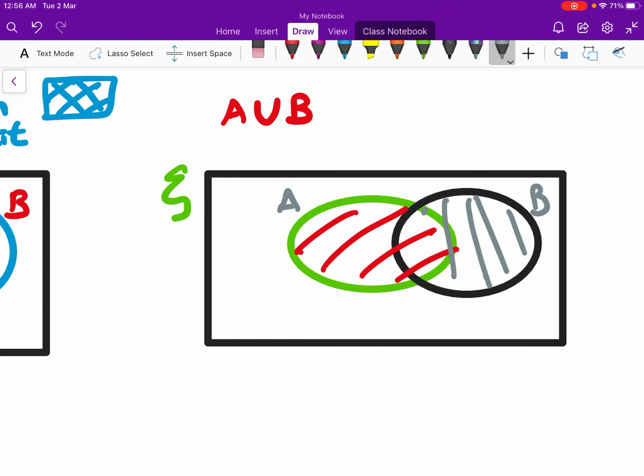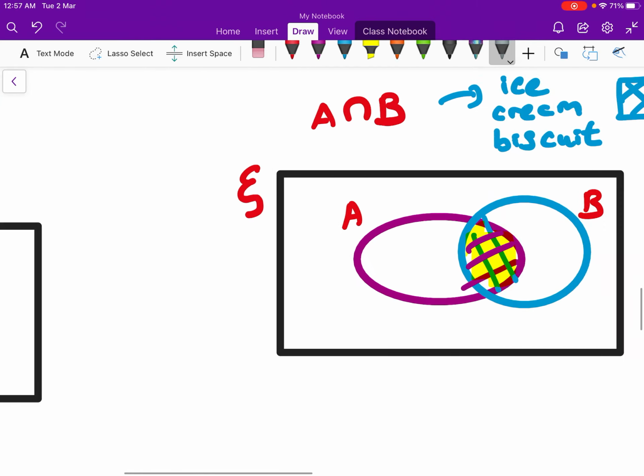Then after that, I leave them alone because I want everything that is shaded. A union B is good because I don't need to erase anything. Whatever is touched by my pencil will be the answer. So this is an example of shading of Venn diagram.